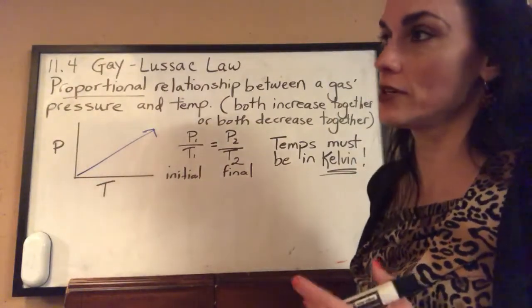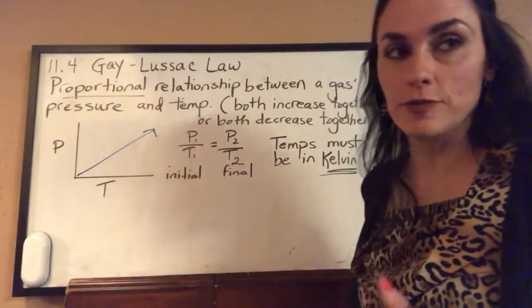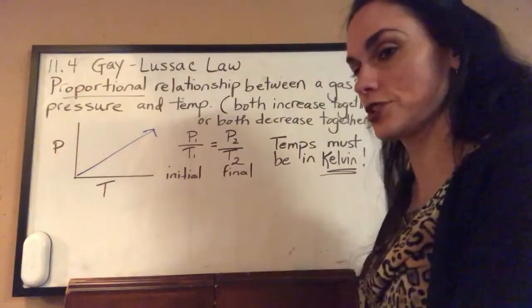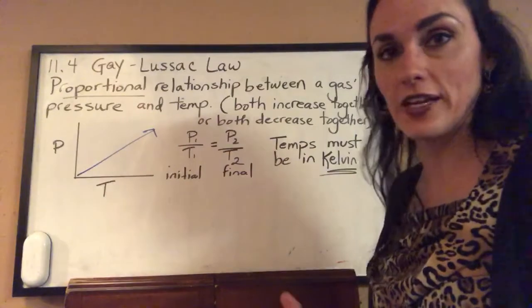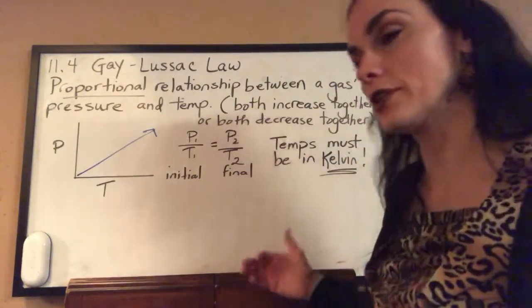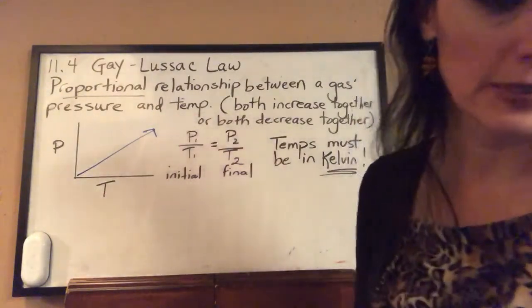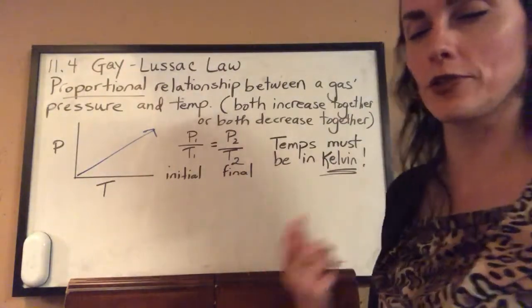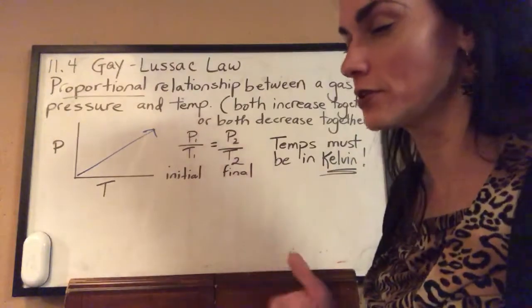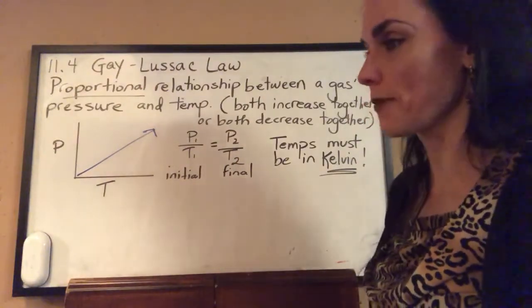Pressure cookers, they cook the food faster because they increase the pressure inside that container and it increases the temperature faster. So increase the pressure, increase the temperature, the food cooks faster. Okay, it doesn't work the same way as a microwave. A microwave works by having the water molecules in the food move around. So they cook differently. They work differently.